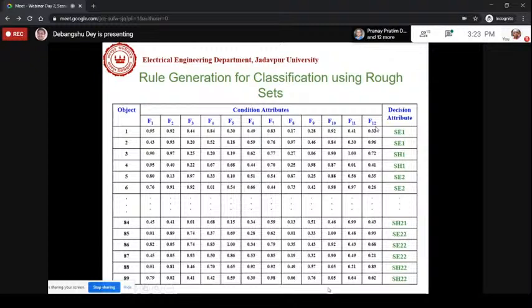If a computer program is given this table as input, how will it understand, for a particular input, for a particular case, or for a particular set of features, what the fault is? That is the problem statement. That means if you are given this table and if you are given an unknown case, you have to identify the fault case.